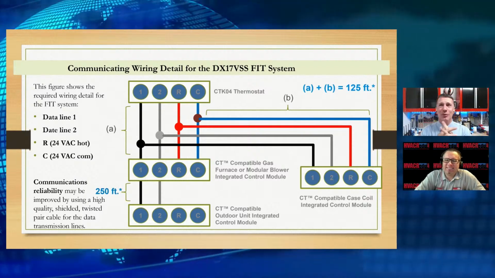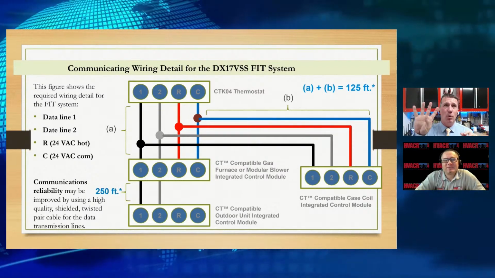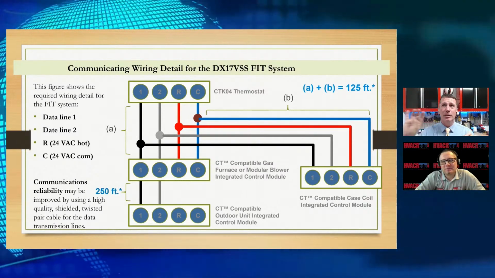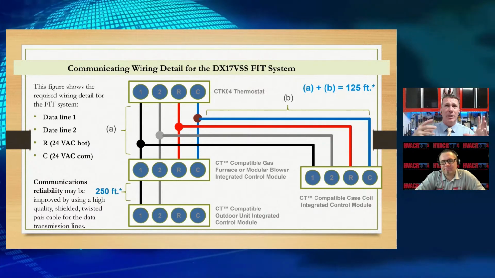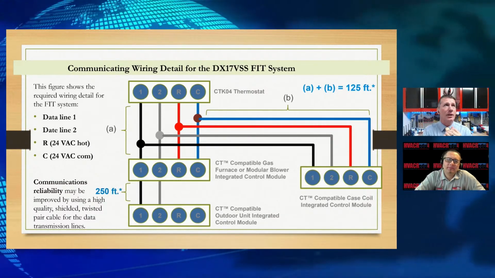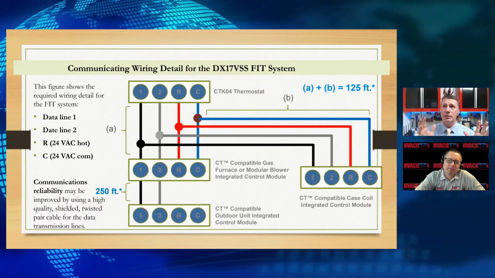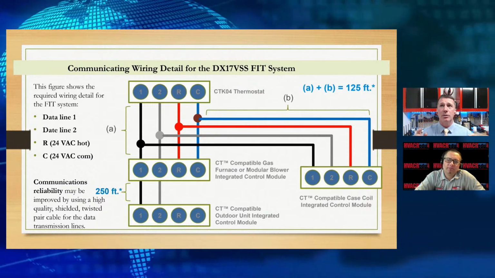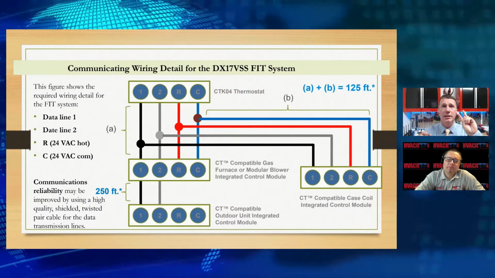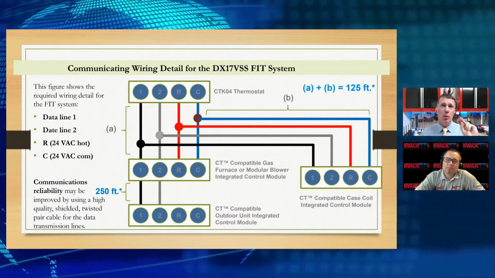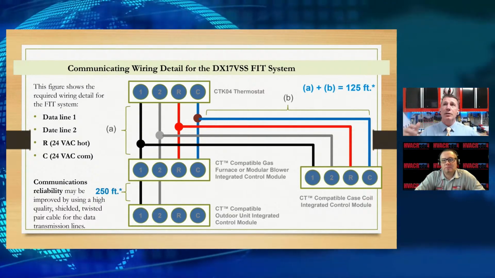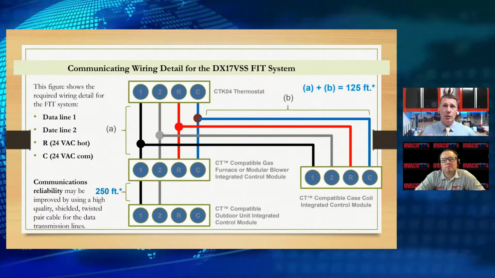All right, so we look at this communication. We're going to run 4 wires from the thermostat to the indoor unit, and depending on the system, like the FIT system that uses an electronic expansion valve, we've got a board on that as well. We're going to use AC for powering our controls, and we're going to use 2 wires for communicating, on number 1 and number 2. They're going to supply 2 wires to the outdoor unit.